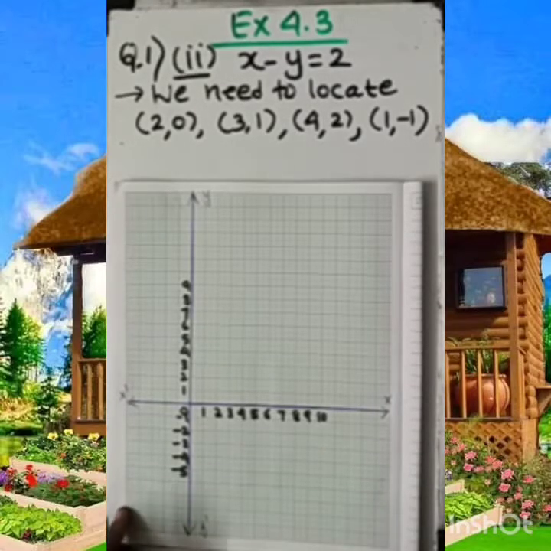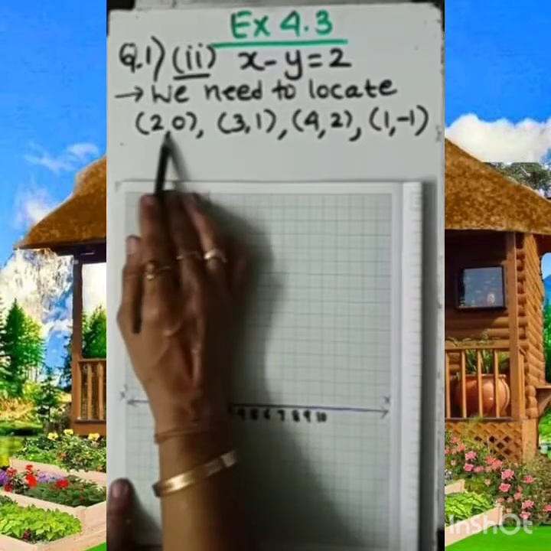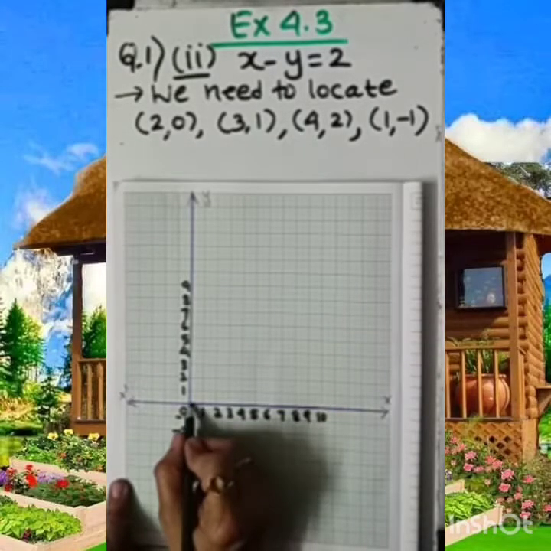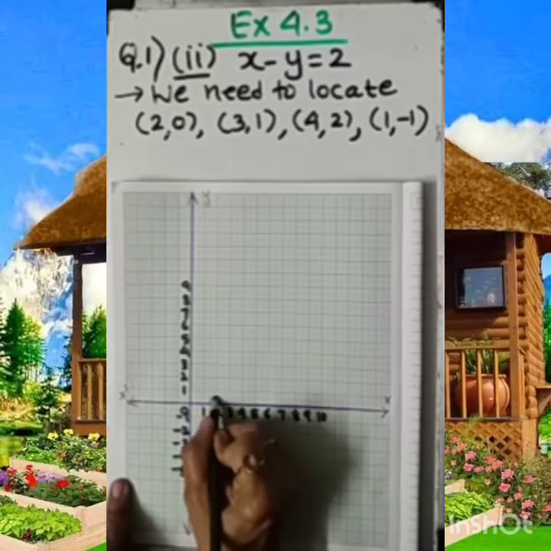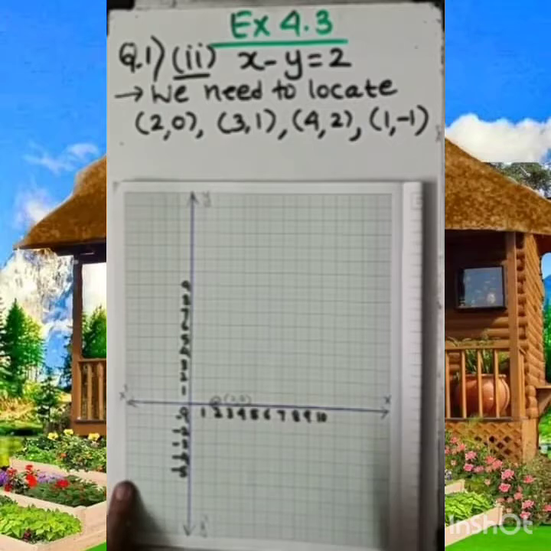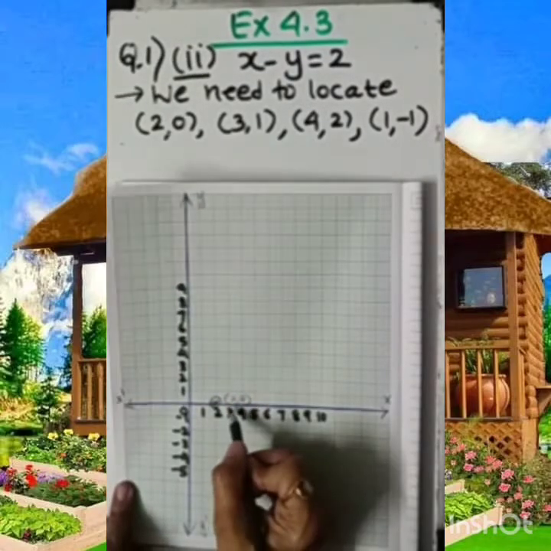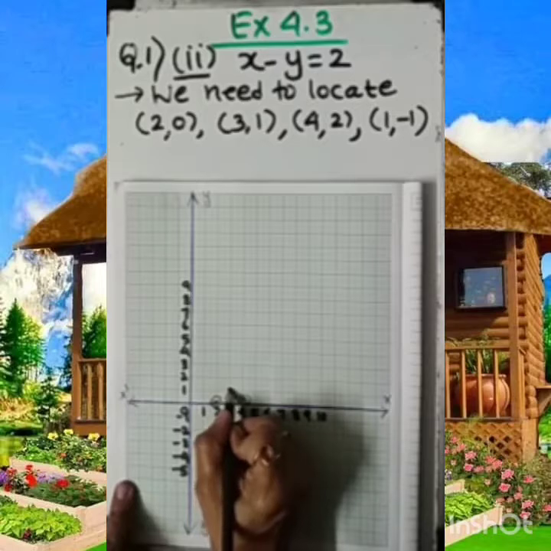Now let's start locating the points. First one is 2 comma 0. Where to locate 2 comma 0? It must lie on the x-axis. I am mentioning this point is 2 comma 0. 3 comma 1: here 3 on the x-axis and 1 on the y-axis. It will be here somewhere.